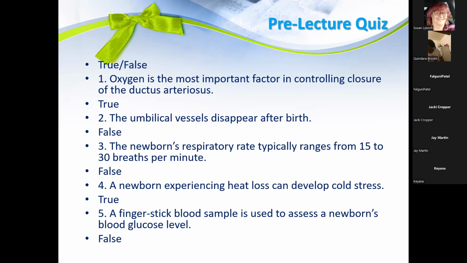Newborns can experience heat loss through all four mechanisms, ultimately resulting in cold stress. Cold stress is excessive heat loss that requires the baby to use compensatory mechanisms such as non-shivering thermogenesis and tachypnea. How do babies control their heat when they want to maintain that core body temperature?